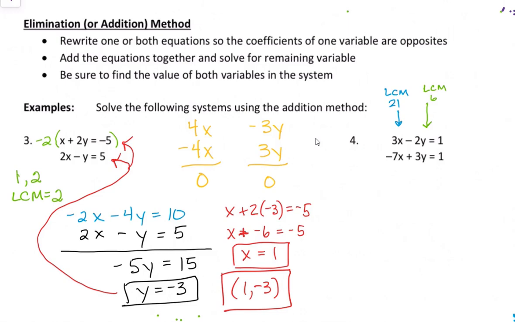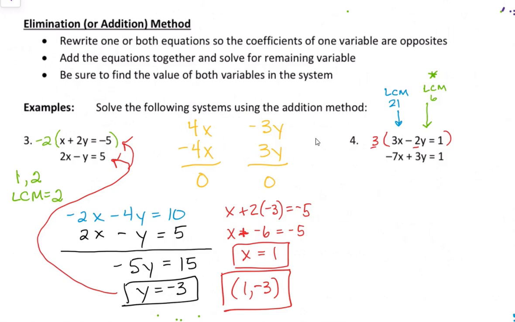Okay, so if I'm going to choose to eliminate my y's, let's think about what we need to multiply by in order to get 6's in front of those y's. So that's going to mean that I need to multiply this first equation by 3, because the 3 times the negative 2 would give me the 6 that I need.